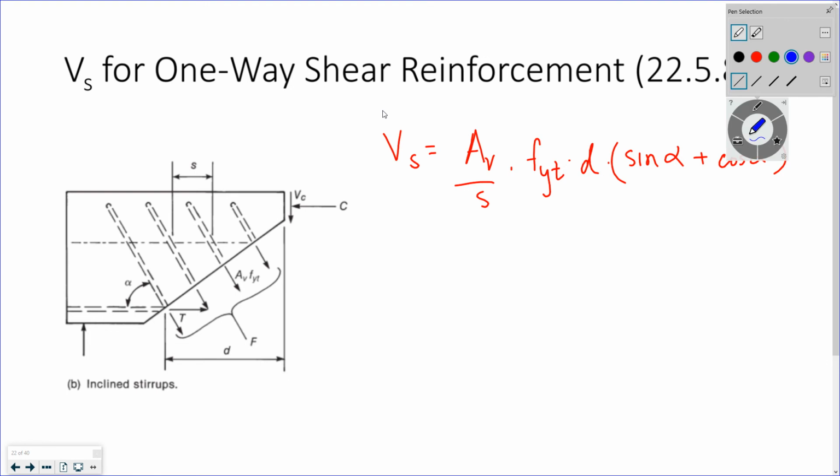It's the same basic equation, you're just translating it into sine and cosine.